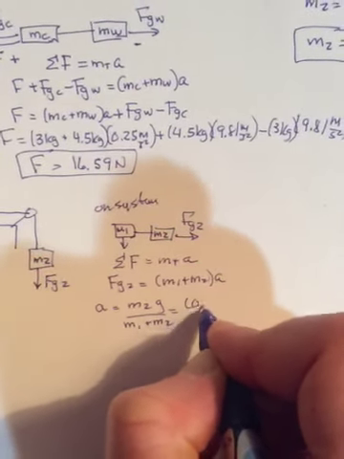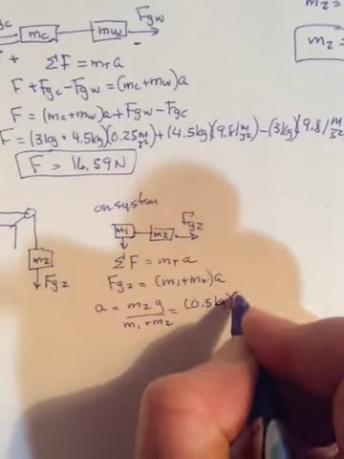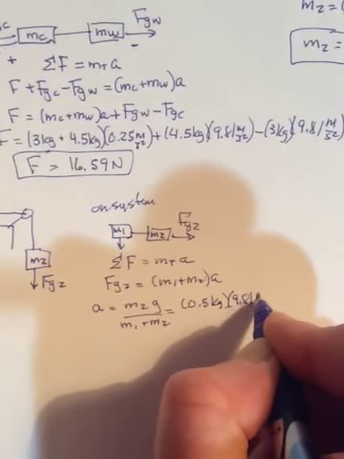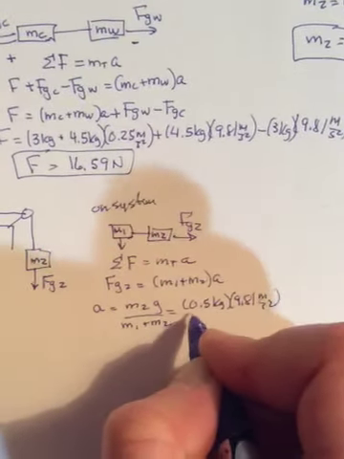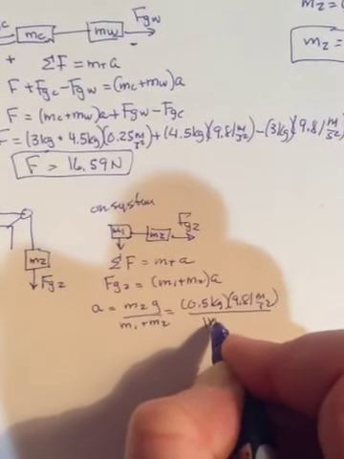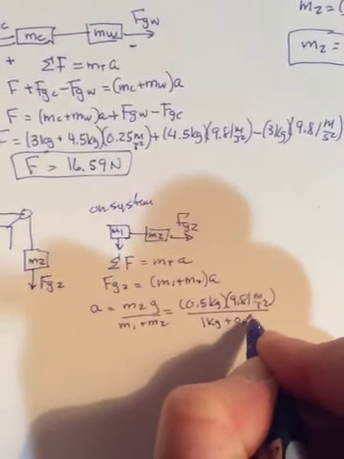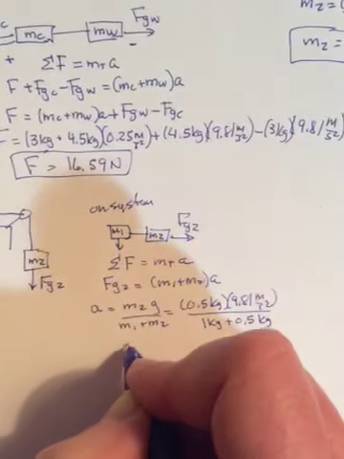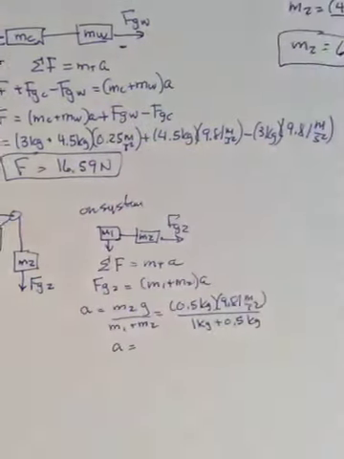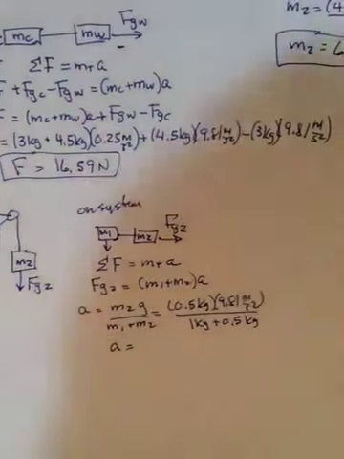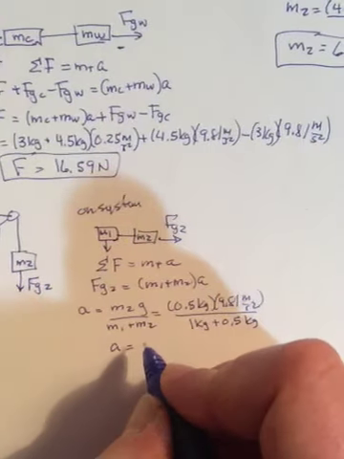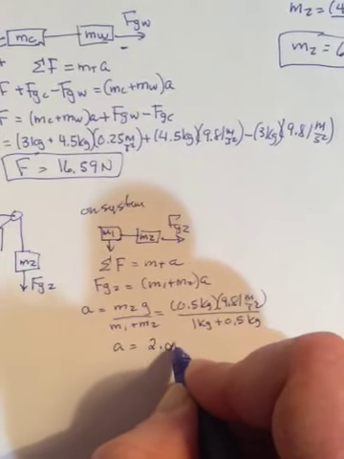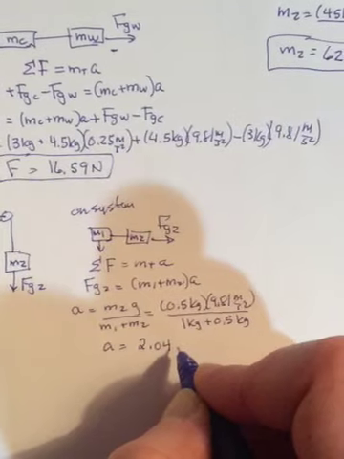m2 was 0.5 kilograms times 9.81 meters per second squared. And then that's going to be divided by 1 kilogram plus 0.5 kilograms. A is equal to 4.905 divided by 1.5, 2.04 maybe, if I can trust my math.